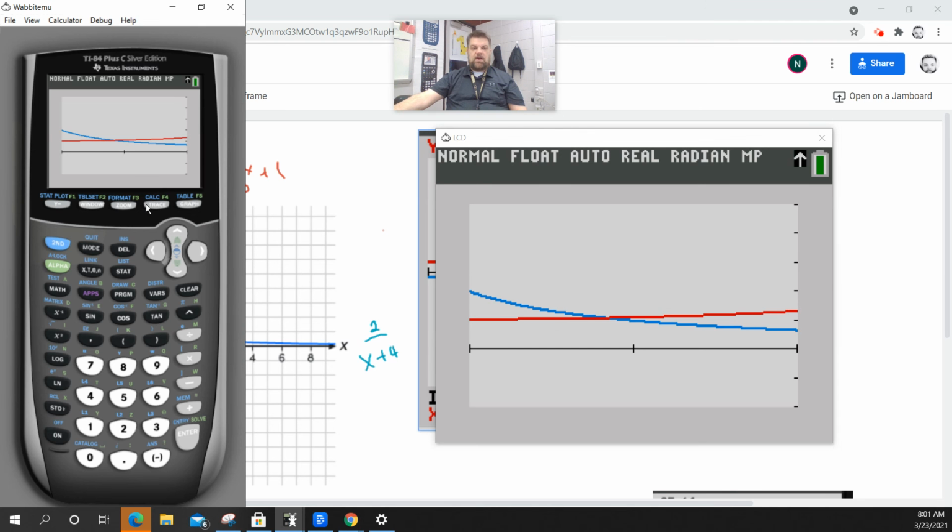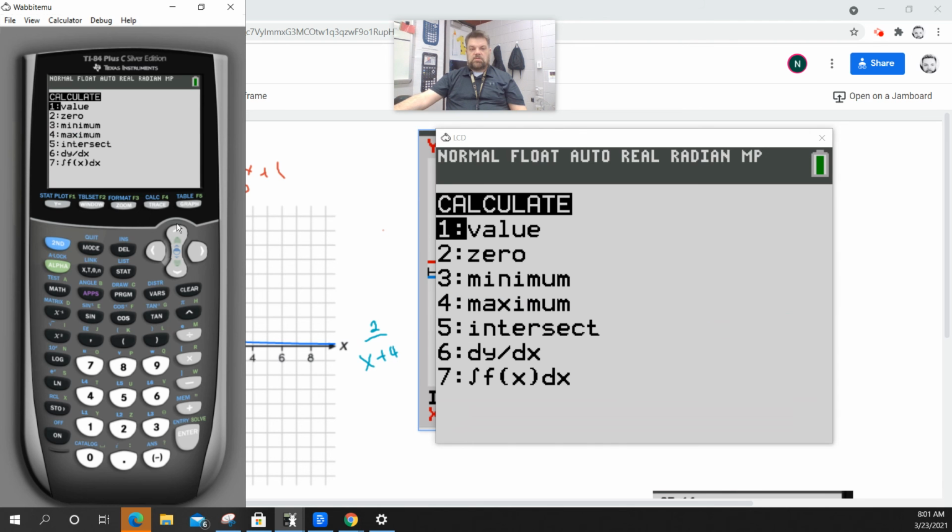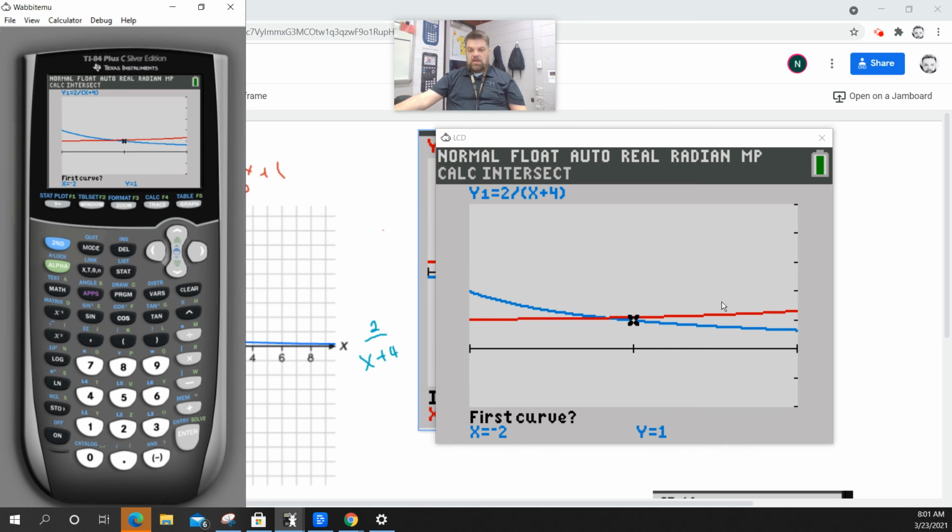But now if I hit second calc, go down to intersect, now I can get really close to the intersection. And so my approximation should be better. See how that's already at 2.18. Oh, shoot.